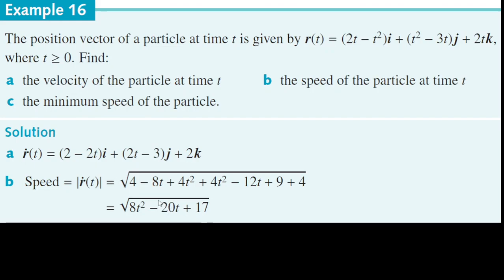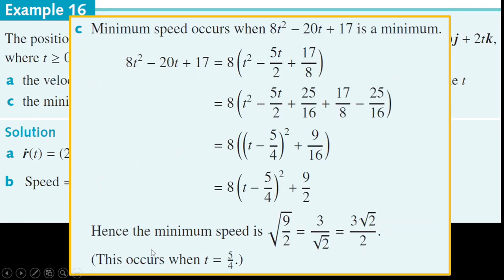But here, because it is a quadratic under the square root, and a quadratic is a parabola, it will have a turning point. In this situation, the turning point is going to be a minimum. So to make it quicker, what you do is you extract this quadratic expression, and you will need to find the turning point.